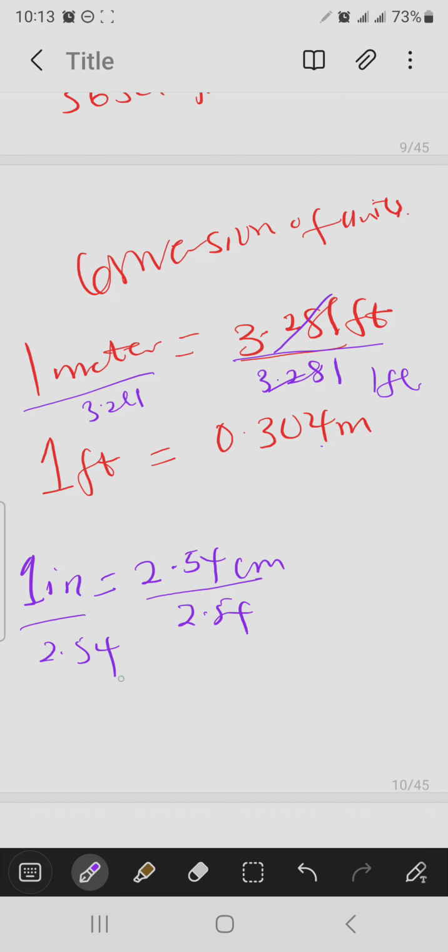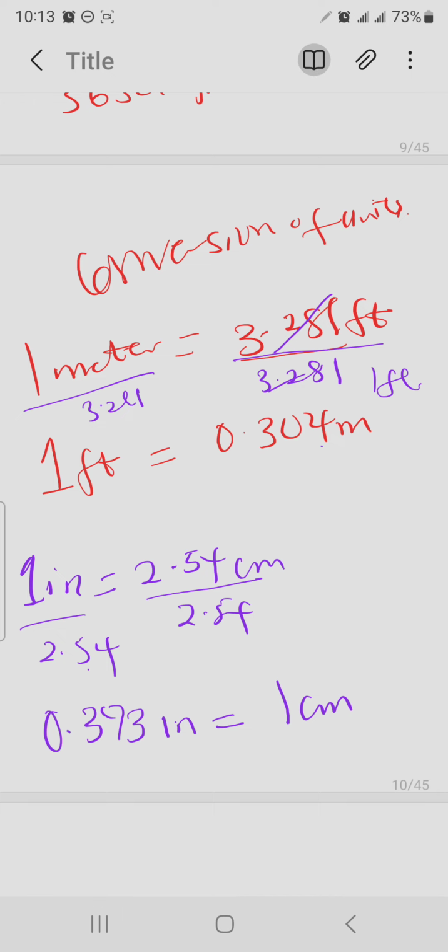So this one is going to be 0.393 inch equals to 1 centimeter. When you divide 1 by 2.54, you will have in inches what 1 centimeter equals. And that's all. That's how you're going to be calculating it.